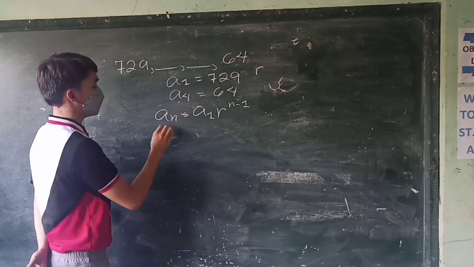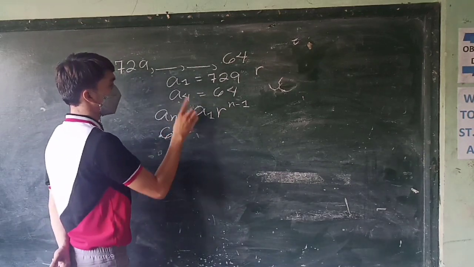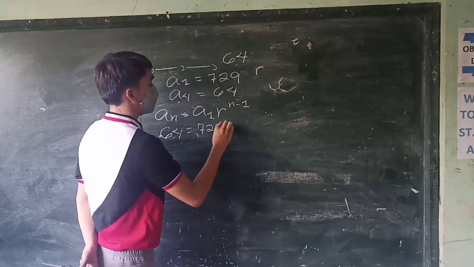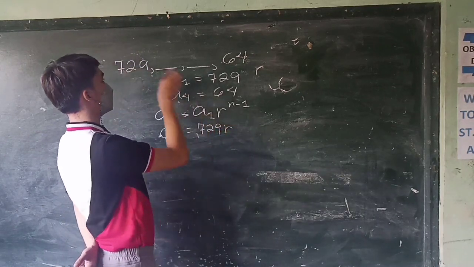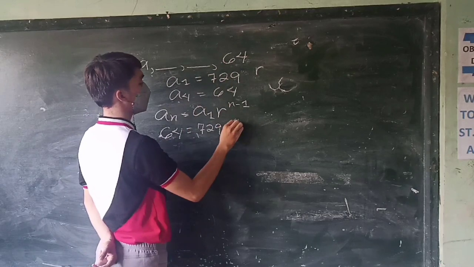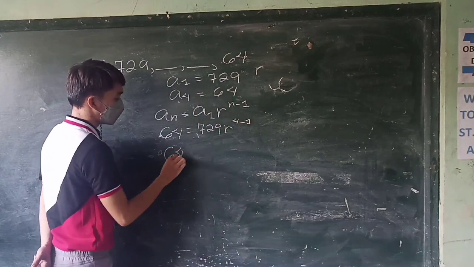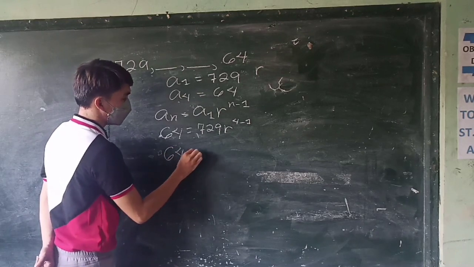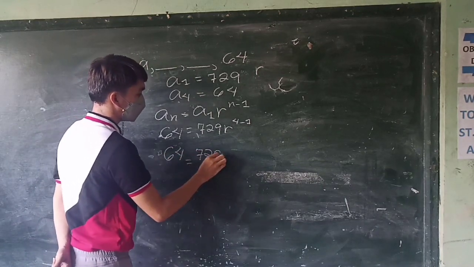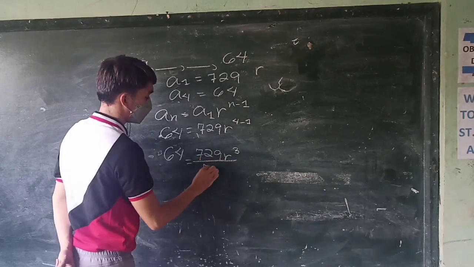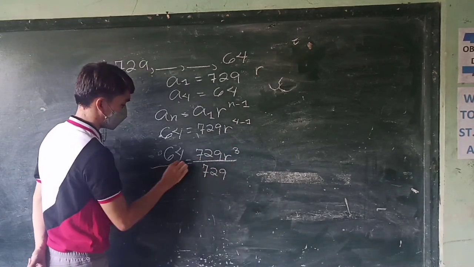So we'll put here 64, then the first term is 729, and then r to the power of how many terms we have? 1, 2, 3, 4. So that's 4 minus 1. We have 64 equals 729 r to the power of 3. So let's divide both sides by 729.